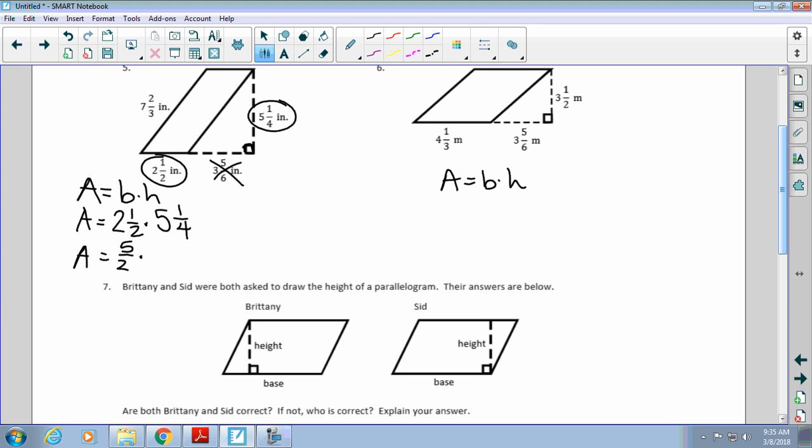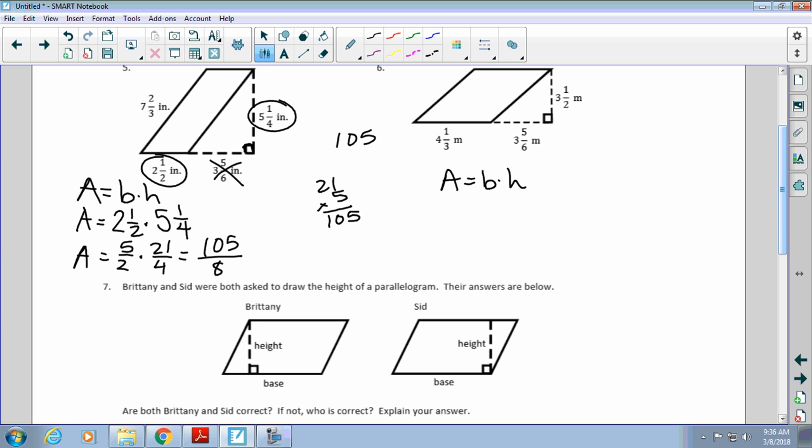5 times 4 is 20, plus 1 is 21. Yep, 21 over 4. All right, so to multiply fractions, you just multiply straight across. 5 times 21. You probably have to go to the side to do that. What are you going to get? 105, good Tim, over 8. So we don't want to leave it like this. That's kind of sloppy.